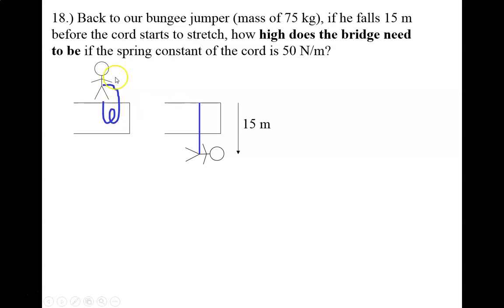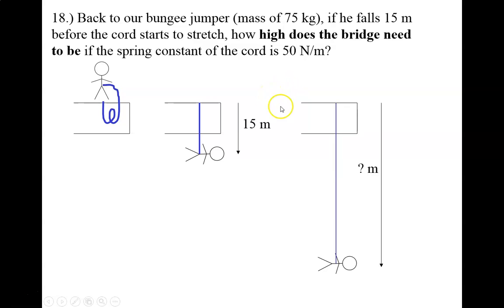So now we're going to use a bungee cord that's 15 meters long, unstretched. And the spring constant of the bungee cord is 50 newtons per meter. We want to figure out how far above the ground they are going to descend at their very lowest point, when that bungee cord is stretched to the max and the velocity is 0.